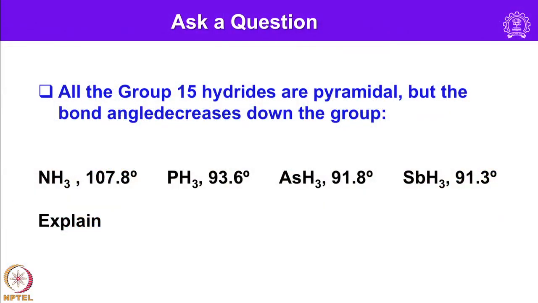In that case, the angle of 90 between px, py, pz is retained. That clearly indicates that in PH3, AsH3 and SbH3, if it has undergone sp3 hybridization, the p character is maximum and s character is very minimum. So, one can also invoke Bent's rule to explain these things.